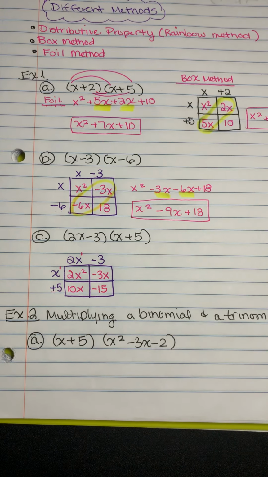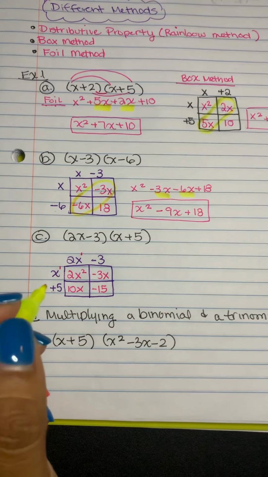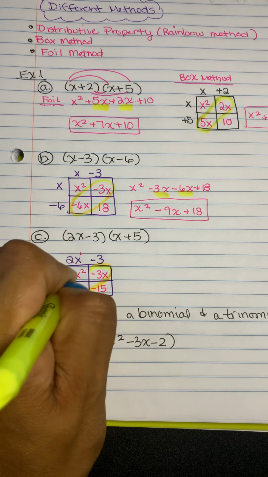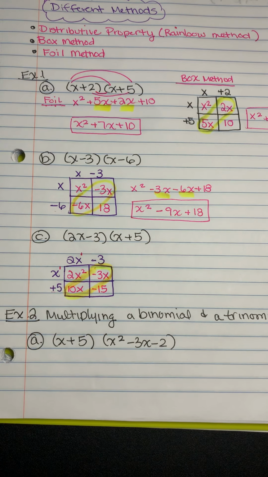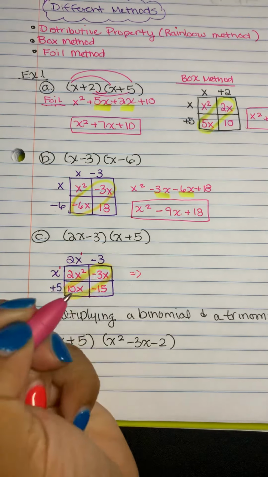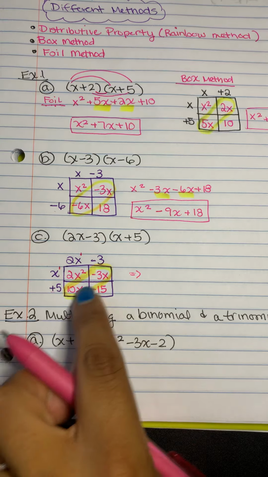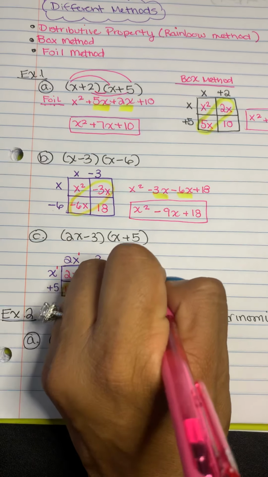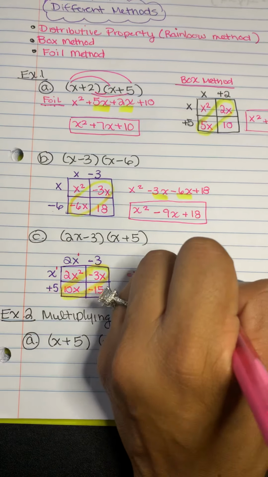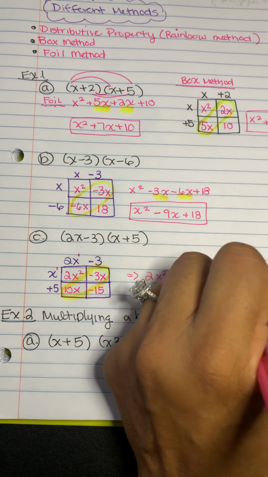Again, you can take a look. We have like terms: negative 3x and a positive 10x. There you are. Okay, again, I'm your teacher, so I'm going to show all the work. You guys, if you want, you can skip this step because you've already showed me that you're going to combine these two. 2x squared minus 3x plus 10x minus 15.